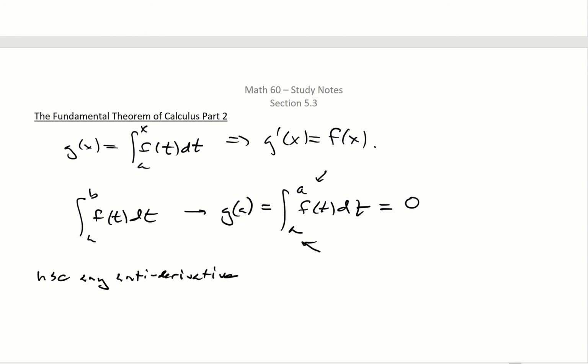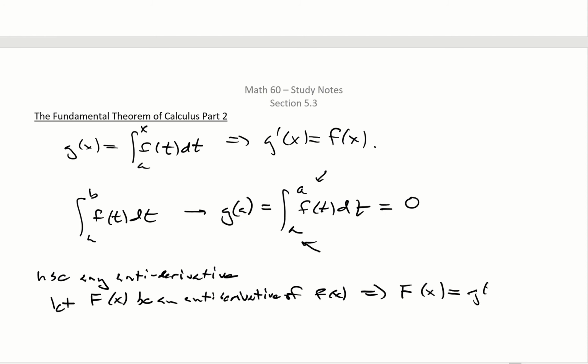So for example, if I decided to let capital F of x be an antiderivative of little f of x, that implies that F of x is equal to this g of x, but they might differ by some sort of constant, okay?